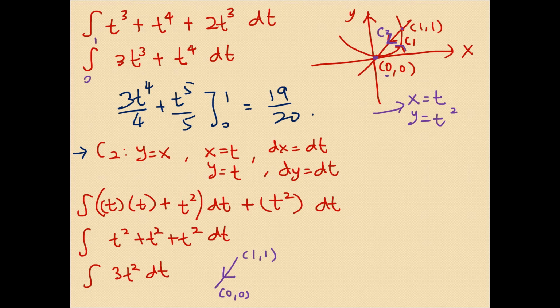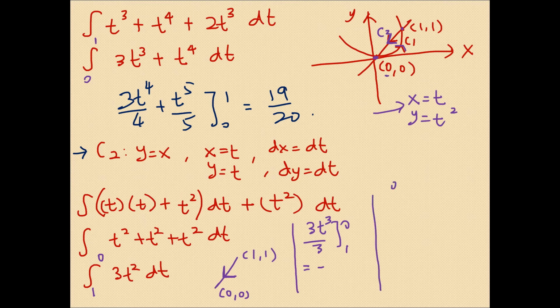You can choose x or you can choose y, because both of them are equal to t, right? So now the limit will be 1 to 0, because the arrow is counterclockwise from 1,1 to 0,0. Now you integrate it: 3t cubed over 3, from 1 to 0, you will get negative 1.